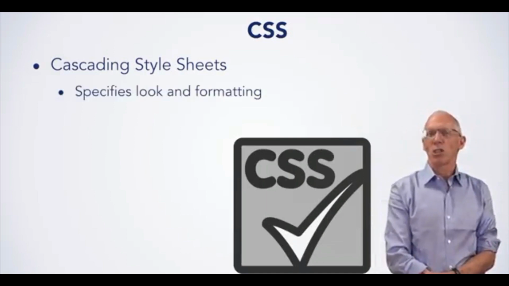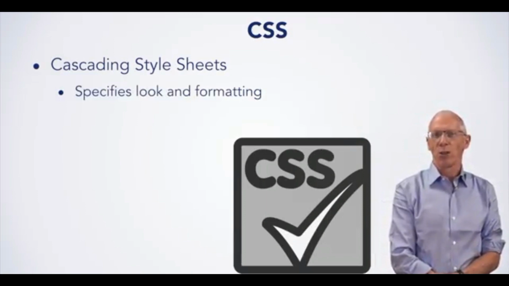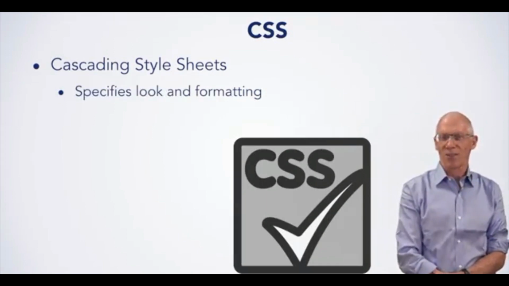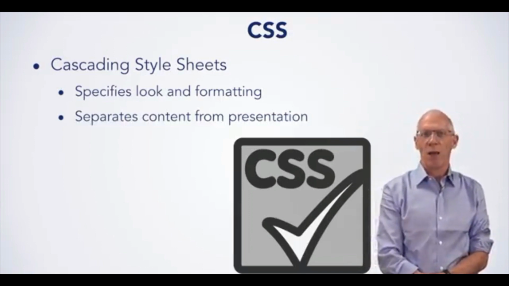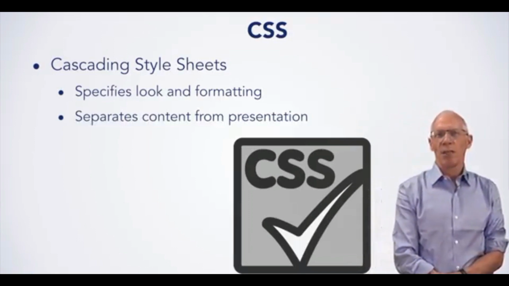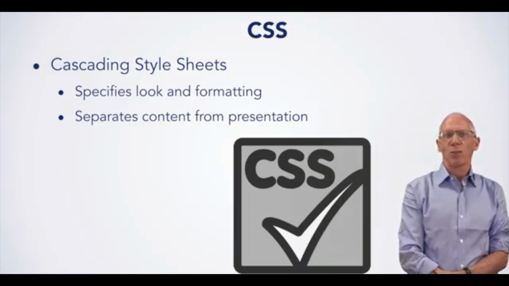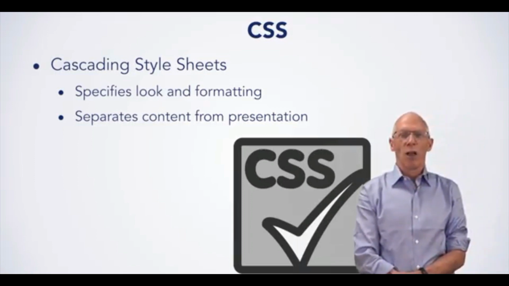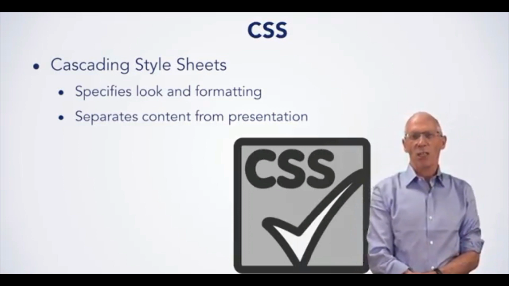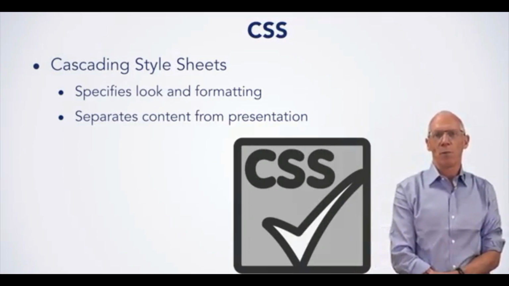CSS specifies the look and formatting of a web page, whereas HTML specifies the content. This allows web designers to separate the content from how it's presented, which can accommodate different users and different display devices to make sure that even in other countries, these can be displayed without changing the content of the web page.